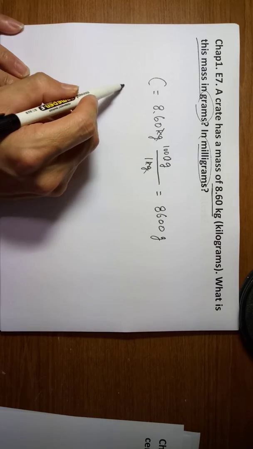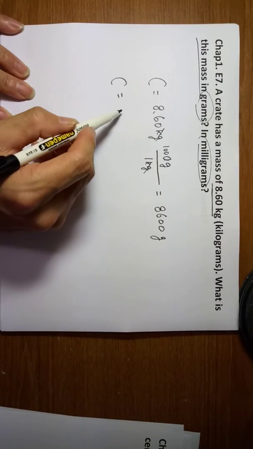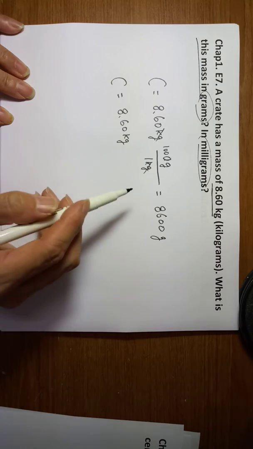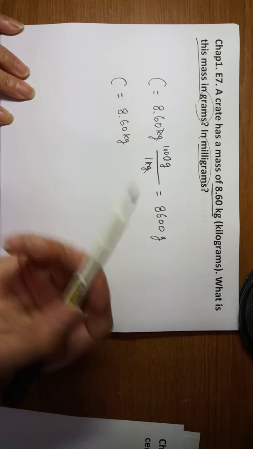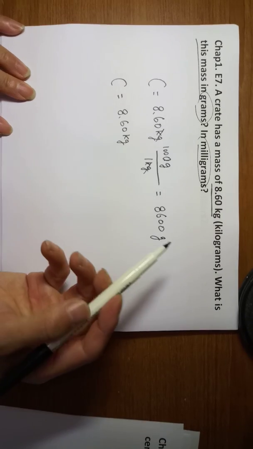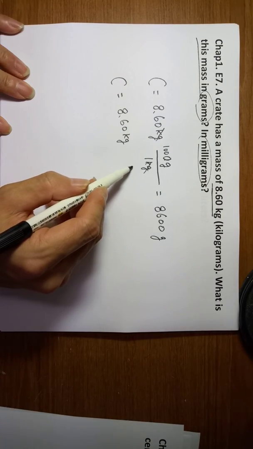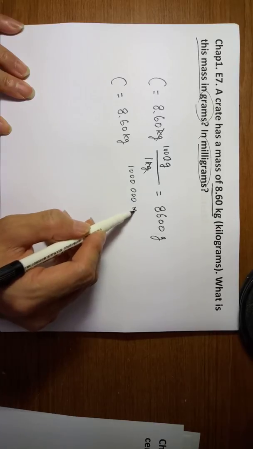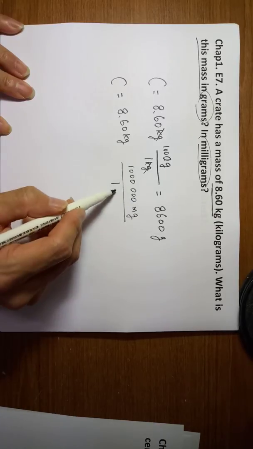And another way, 8.60 kilogram, and you change the kilogram to milligram, which is a million times. Milligram becoming 1 kilogram.